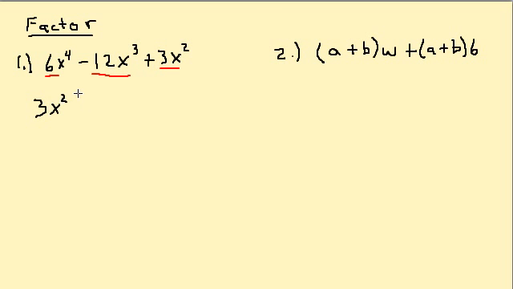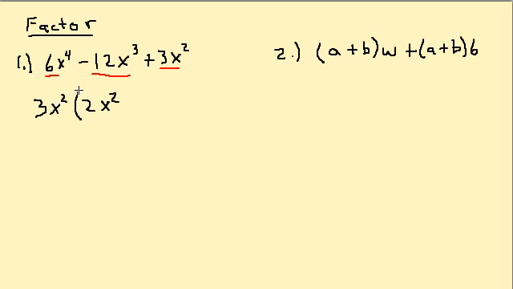Okay, so now if I factor out a 3x squared from the 6x to the 4th, that's going to leave me with 2x squared, because 3x squared times 2x squared is 6x to the 4th.